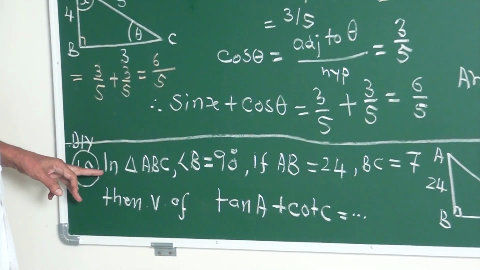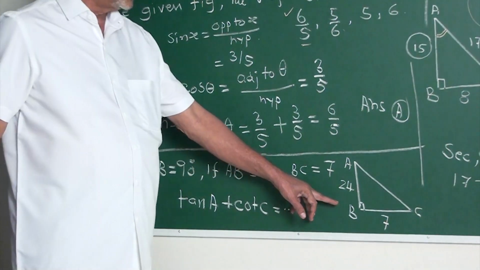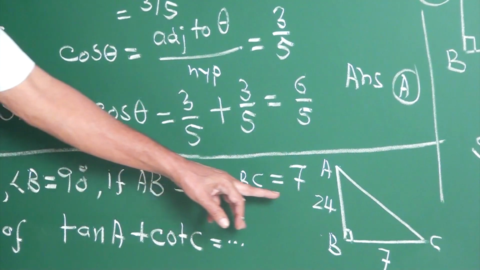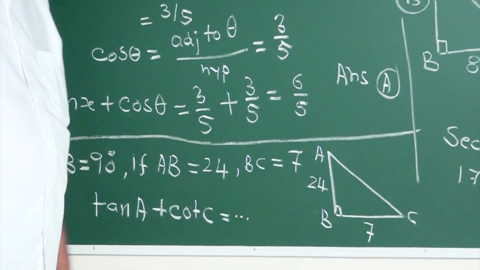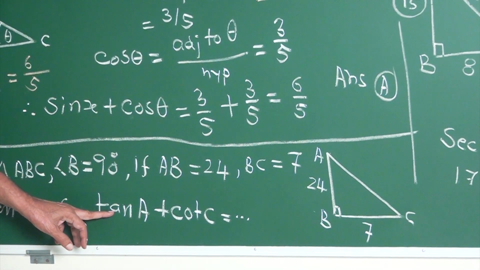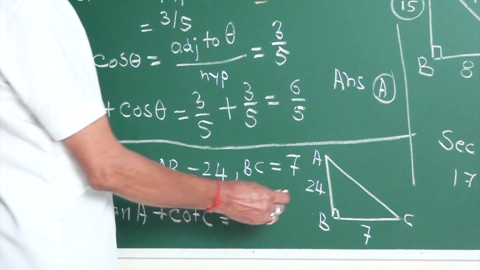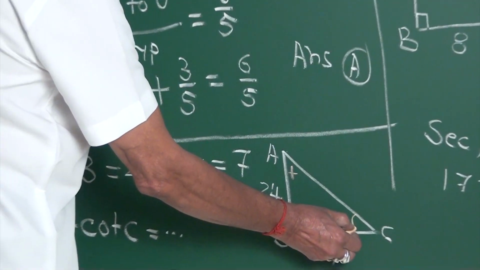15th example. In triangle ABC, angle B is 90. If AB is 24, BC is 7, then we wanted tan A plus cot C. The friend has to consider both the angles.